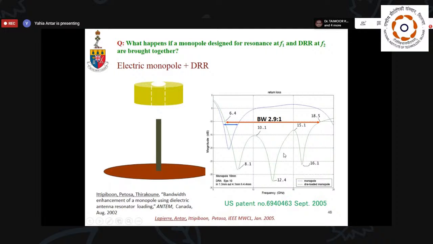But we found that in between, there is a third resonance here. And the explanation for that third resonance was based on the fact that the presence of dielectric around the metallic monopole affects the electrical length of the monopole and produces a third resonance.